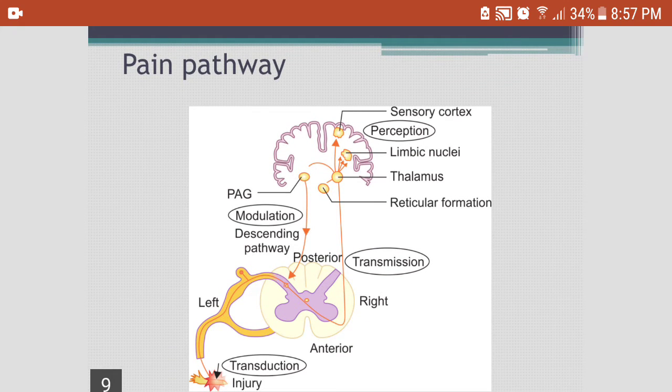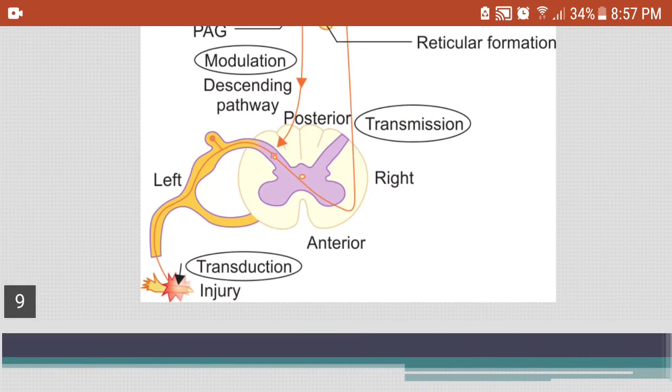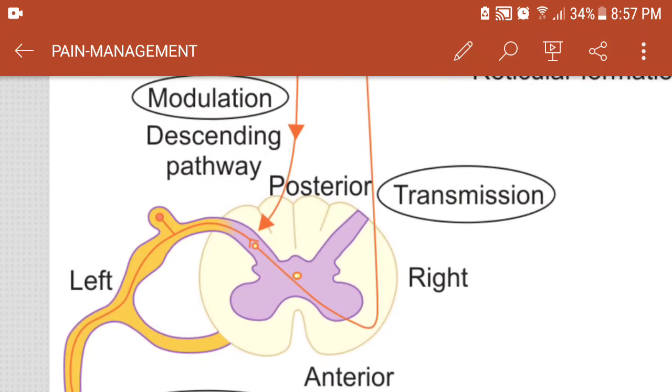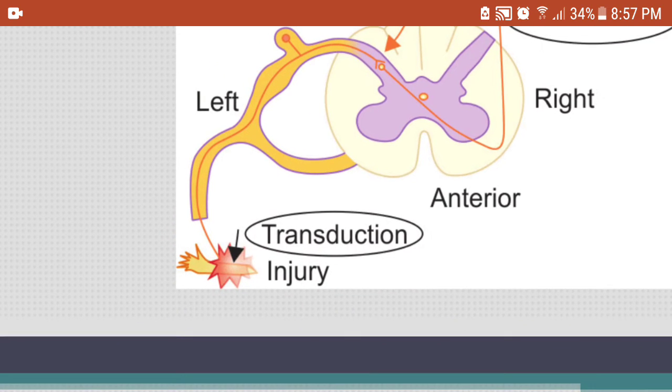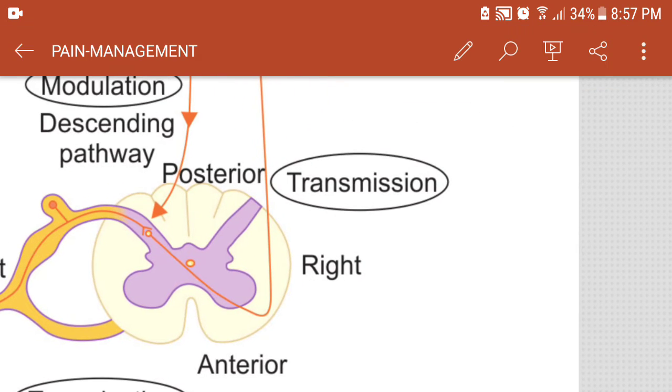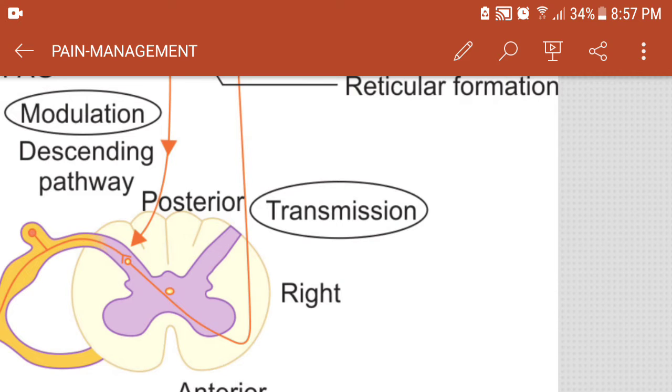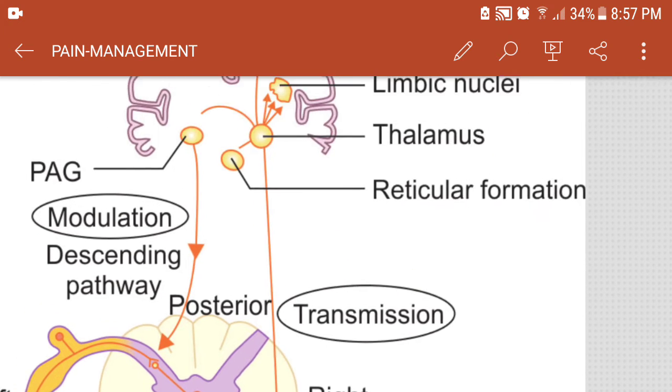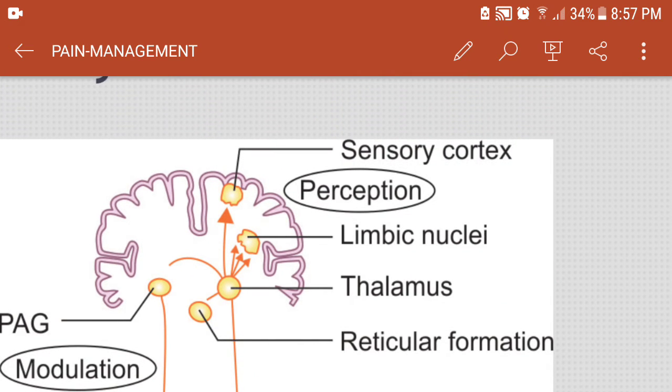The pathway of pain signals starts with transduction, or the sensation, and then transmission is the movement along the neurons or the nerves. Perception is the interpretation in the brain.